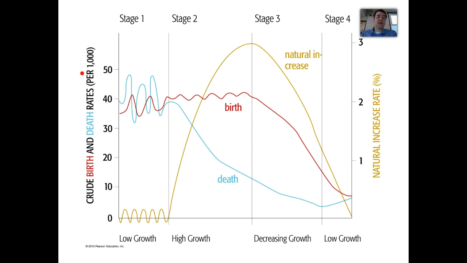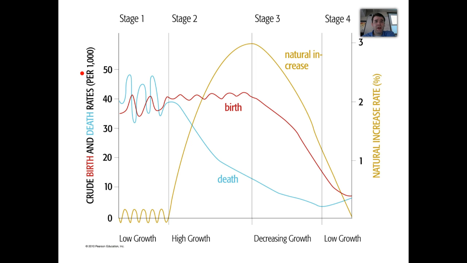On the y-axis, on the left, you've got the crude birth and death rates, and then on the right, the second y-axis, you have the natural increase rate, and underneath you actually have the sum total of what's happening to the population overall. So in terms of our population pyramids, you can see the reflection of that population change there.